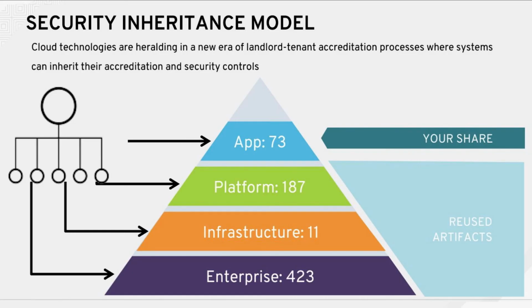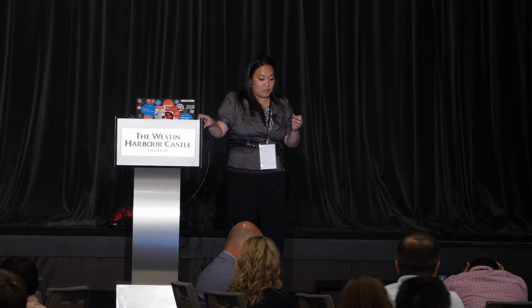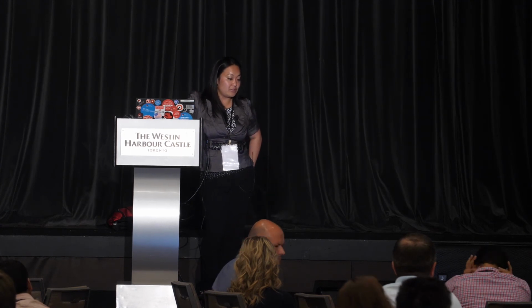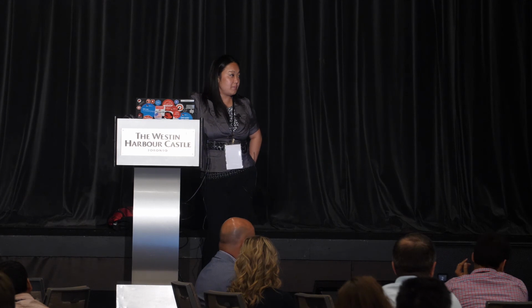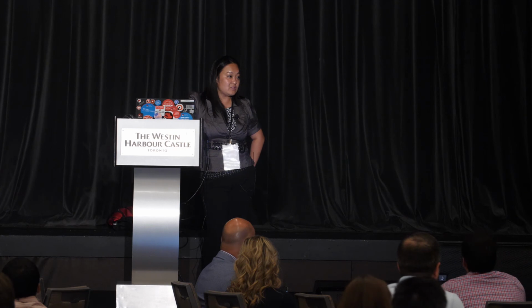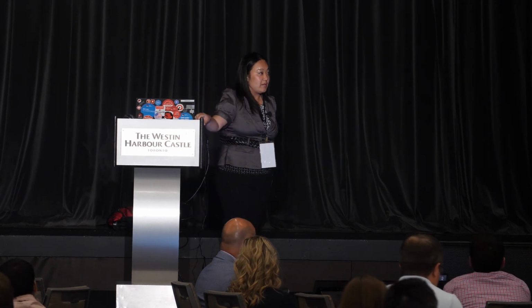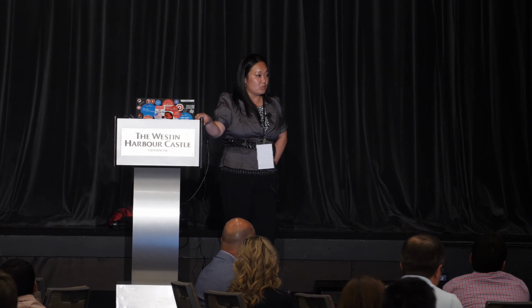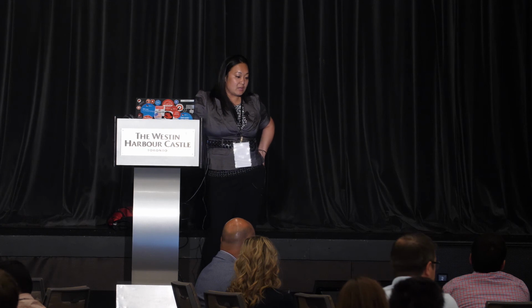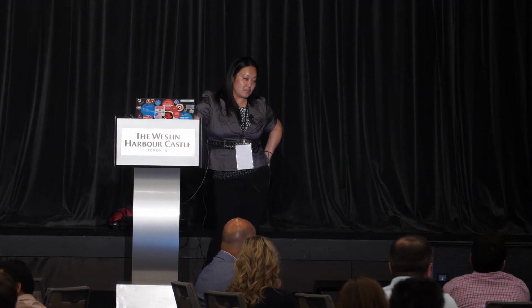The other thing I wanted to mention is the security inheritance model, in the sense that you have security controls at the base, maybe enterprise level security controls like passwords, then the infrastructure that OpenShift runs on, and then the OpenShift platform itself. When you have applications running on top of OpenShift, because of this inheritance model, you're inheriting the enterprise security controls, the infrastructure and platform controls, so that you can only worry about the security controls for your application.